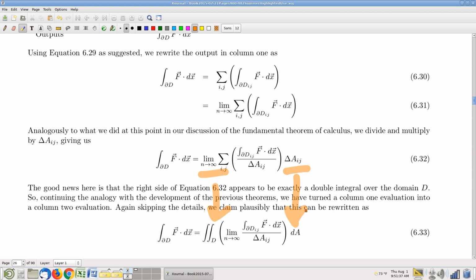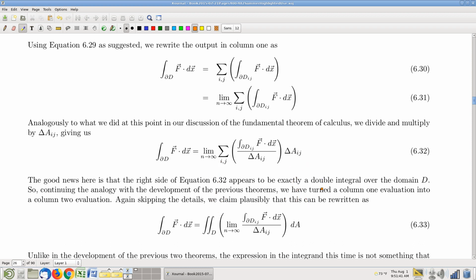So we're almost done with deriving this new theorem. We are looking at a boundary line integral on the one side. We've seen how it accumulates. We've rewritten that accumulation as a double integral. The only thing that remains is to figure out what this new integrand is.